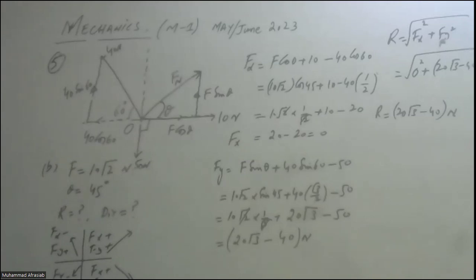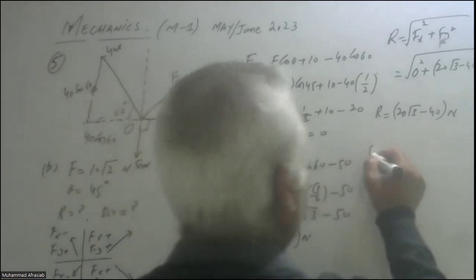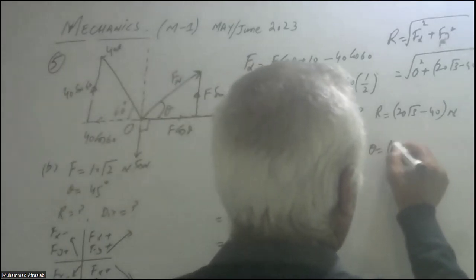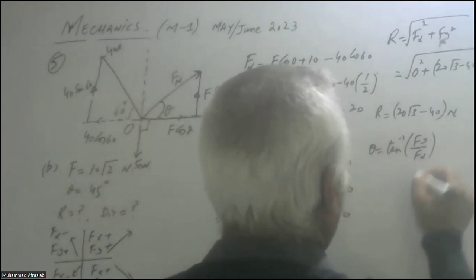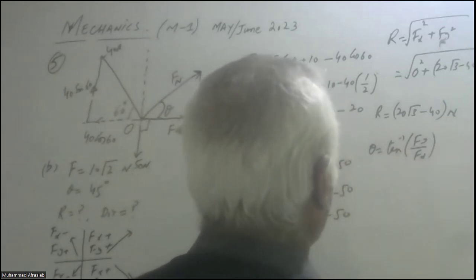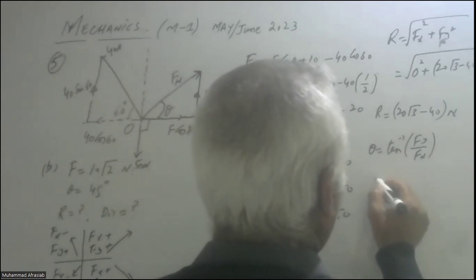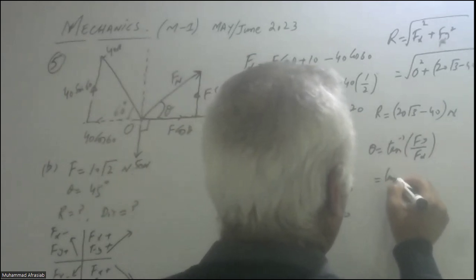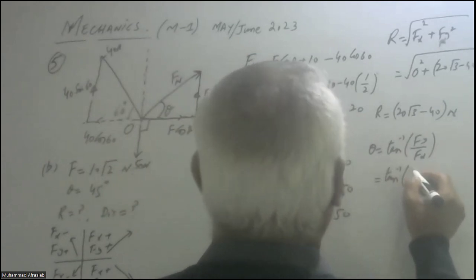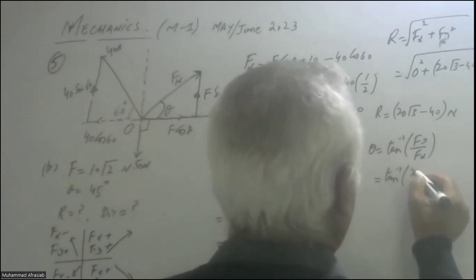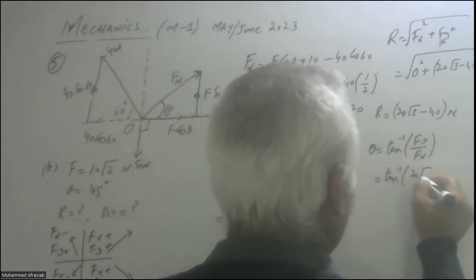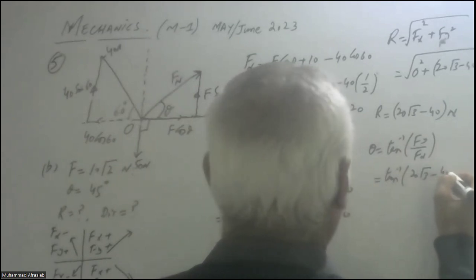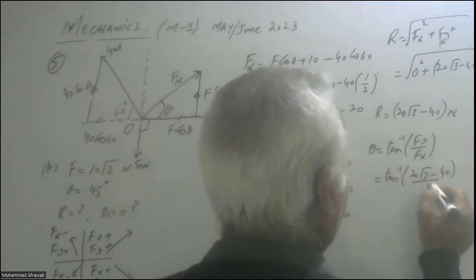at O there. Then the net resultant direction, that is theta, is equal to tangent inverse of Fy over Fx. This means tangent inverse of Fy, which is 20 root 3 minus 40, divided by 0.